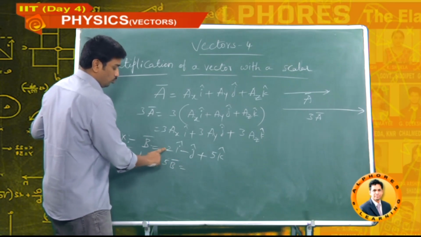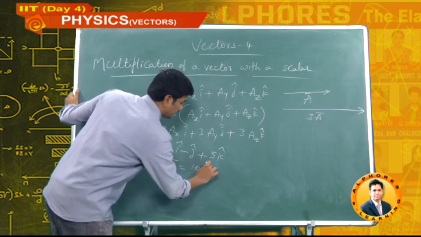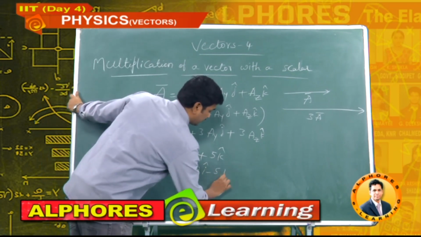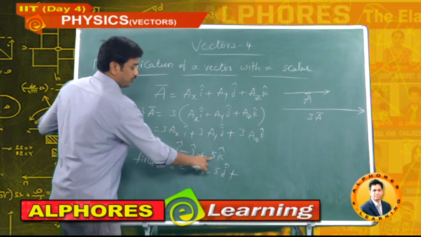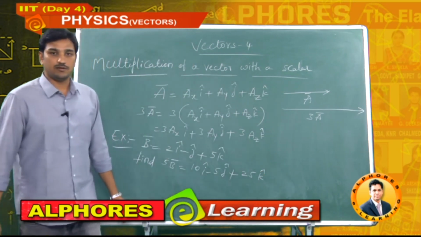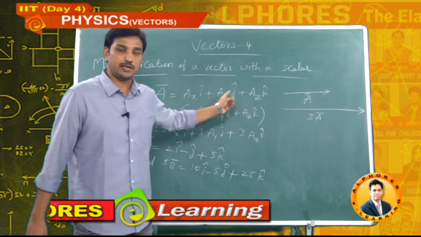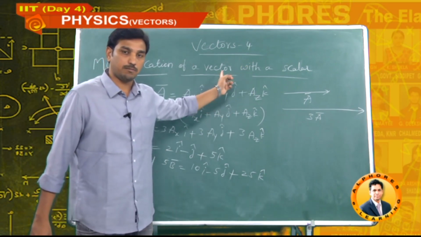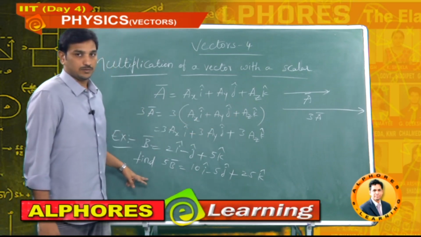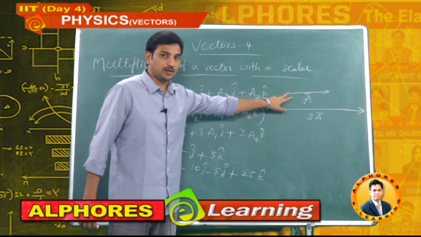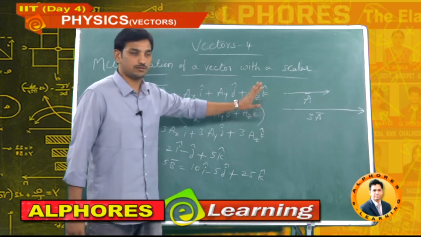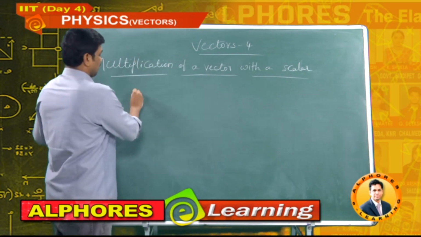See, 5 into 2, 10 i cap. 5 into 1, minus 5 j cap. 5 into 5, 25 k cap. So when a vector is multiplied with a scalar, in this way it changes. Remember this point: the length of the vector will be changed but the direction remains fixed.